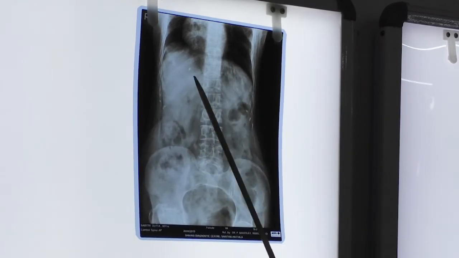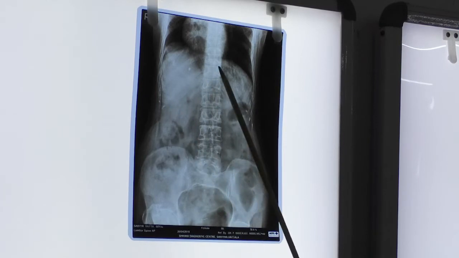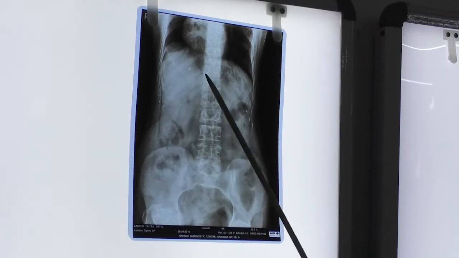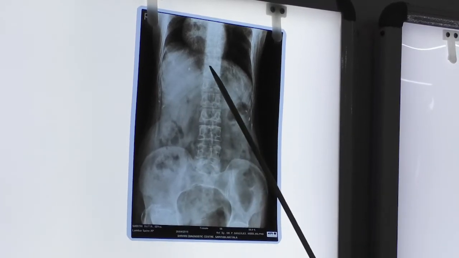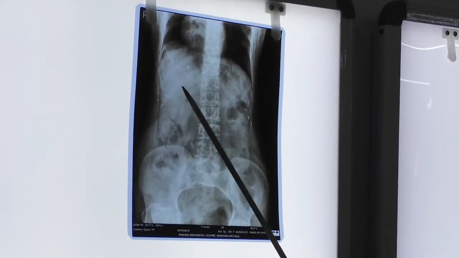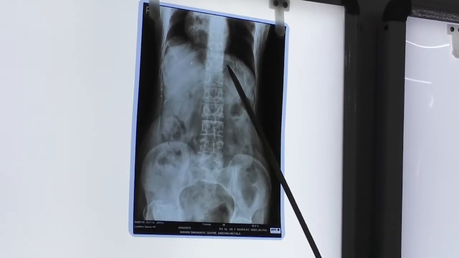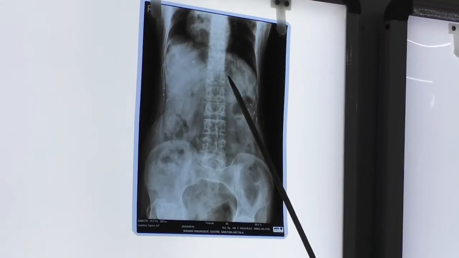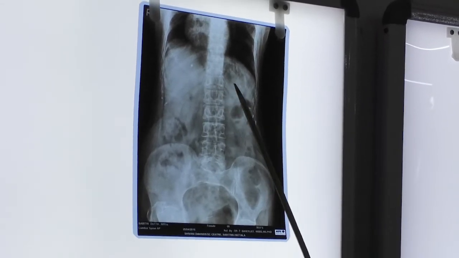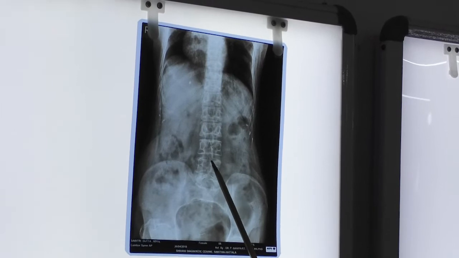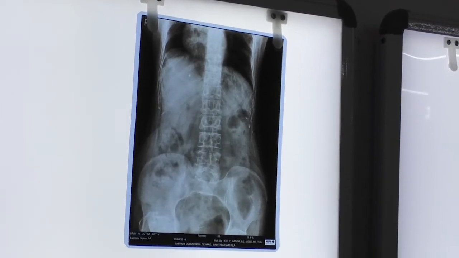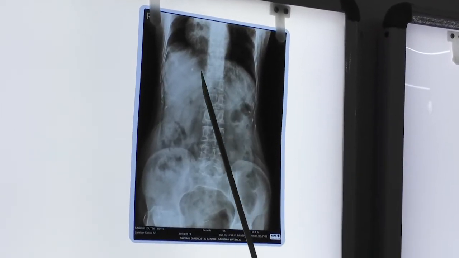So we have to trace the last rib. If it is the last rib, that is the 12th rib, then it becomes T12, L1, L2, L3, L4, L5. Now we can see the vertebrae.